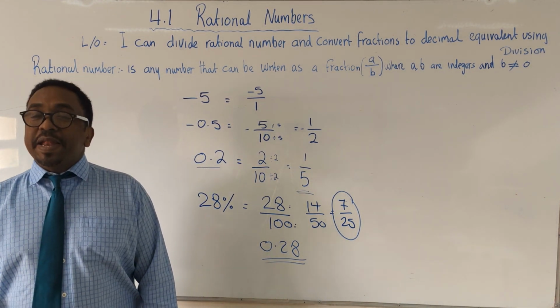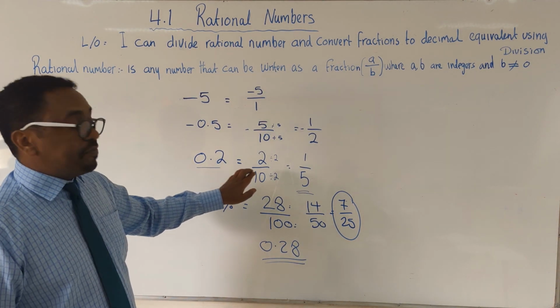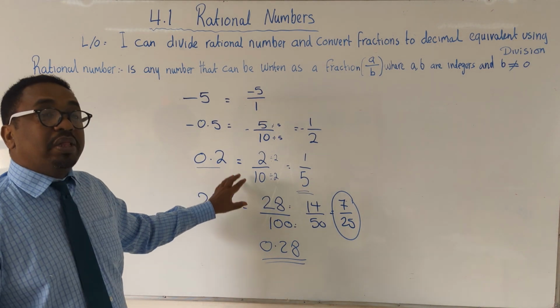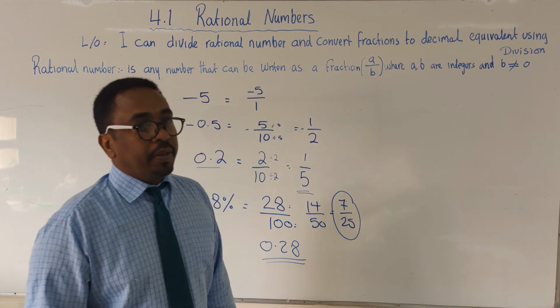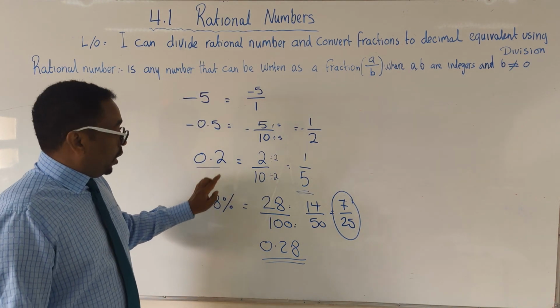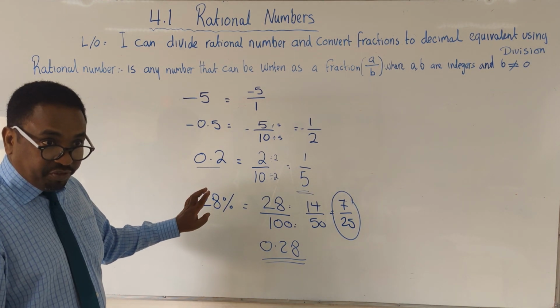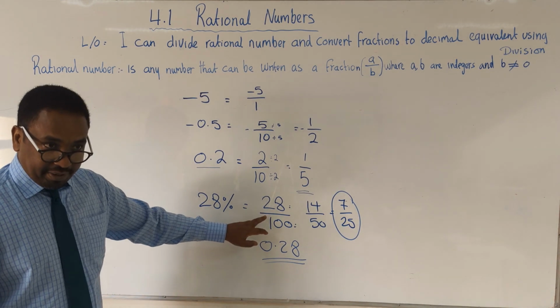So any given number should be able to be changed into a decimal, fraction, and then if you want, a percentage. Yes? I didn't understand the percentage. Okay, so the percentage, let me repeat this for you. 28% means 28 divided by 100.